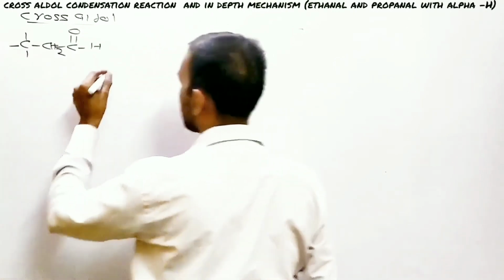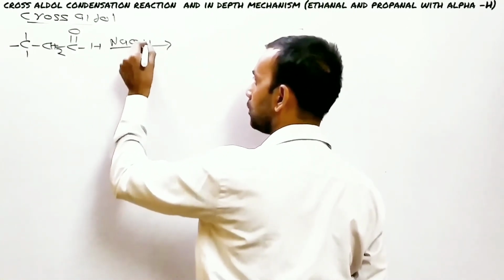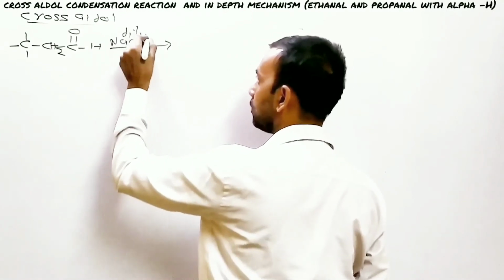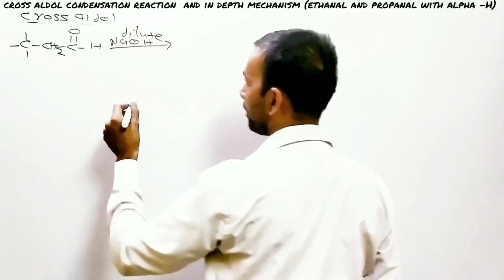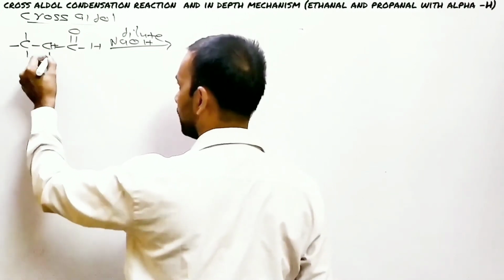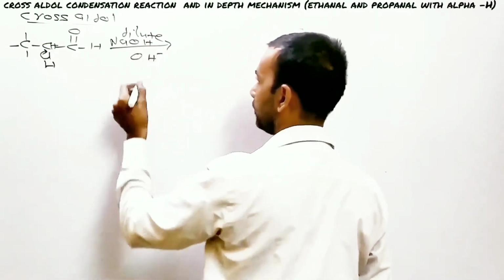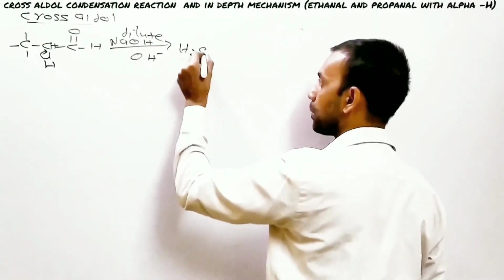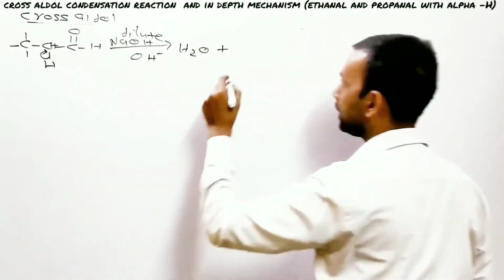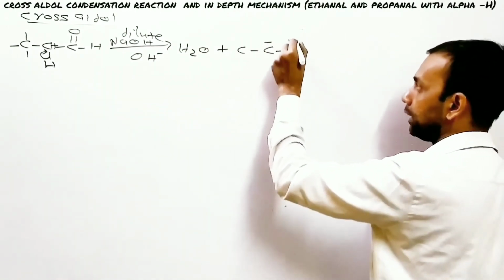This is your propanal. When propanal reacts with dilute NaOH, hydrogen from here breaks out and combines with OH negative. It produces H2O and this produces a secondary carbanion.